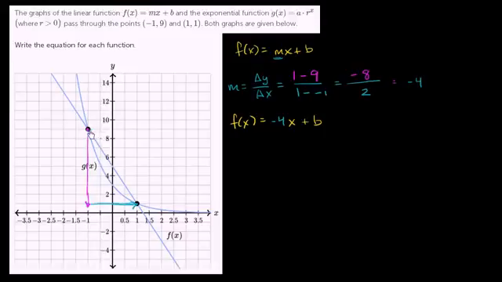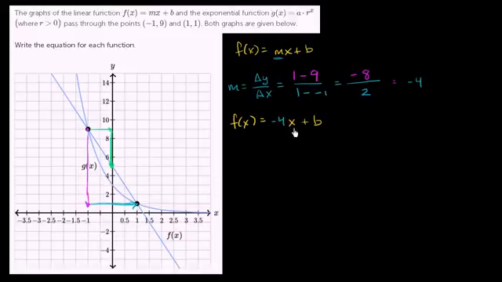Every time you increase your x by 1, you're decreasing your y. And here on the x-axis, we're marking off every half. So every time you increase your x by 1, you are decreasing your y by 4 there. So that makes sense that the slope is negative 4.